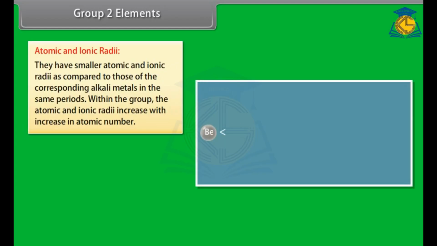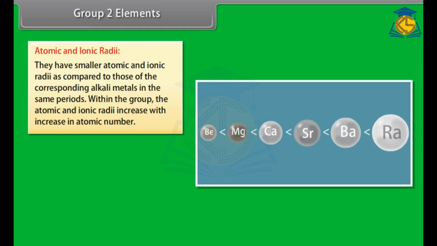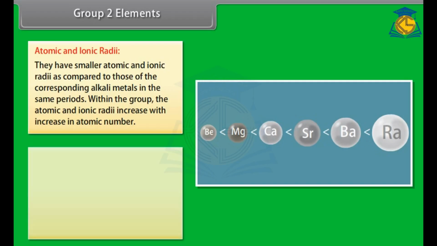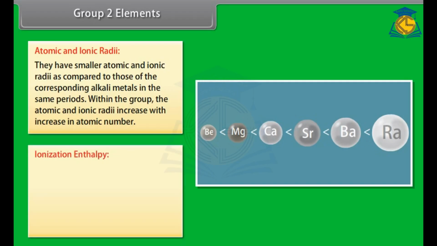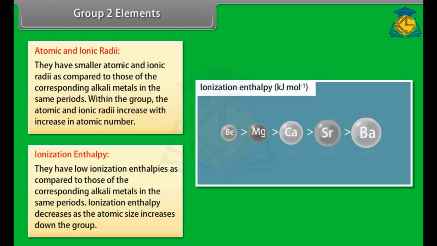They have smaller atomic and ionic radii as compared to those of the corresponding alkali metals in the same periods. Within the group, the atomic and ionic radii increase with increase in atomic number. Ionization enthalpy. They have low ionization enthalpies as compared to those of the corresponding alkali metals in the same periods.